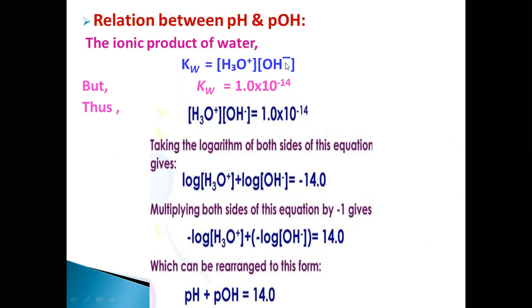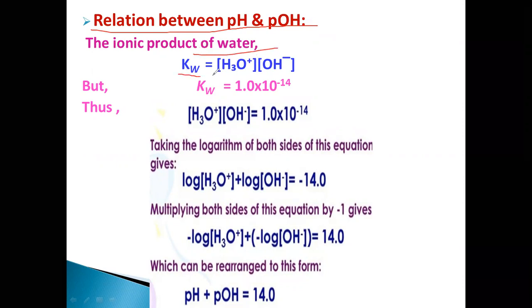Now let us discuss about the relation in between pH and pOH. This is very important topic. Relation in between pH and pOH. What will be the relation? pH और pOH कैसे एक दूसरे से relate करते हैं? Now as we know, the ionic product of water क्या रहता है?